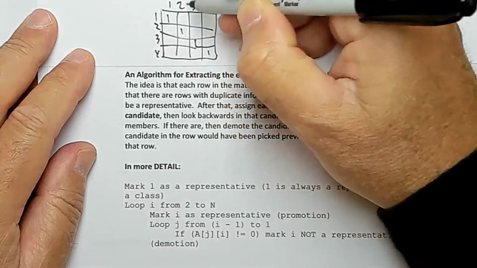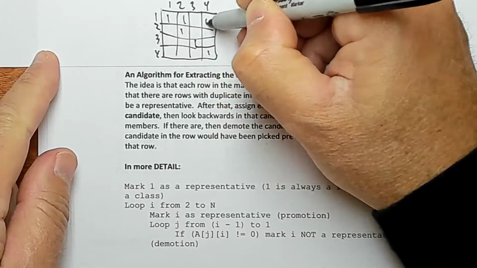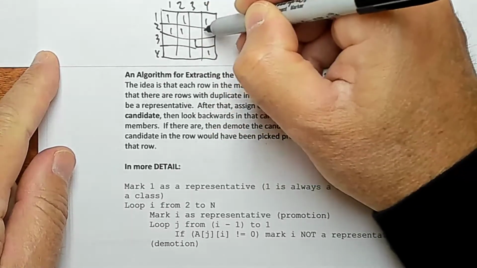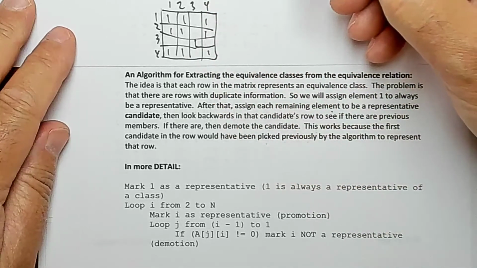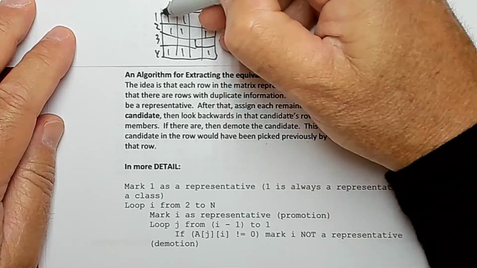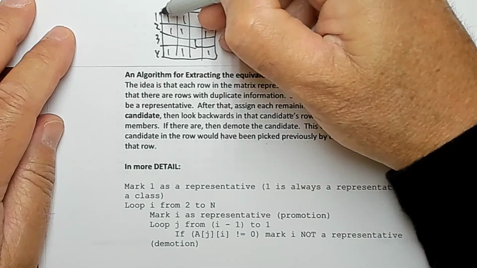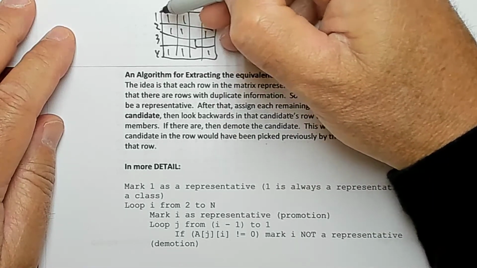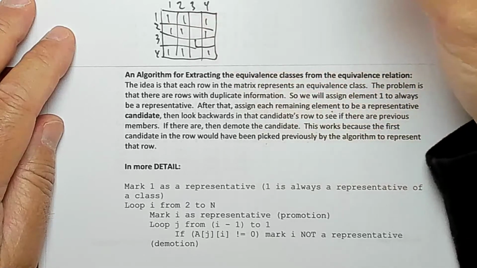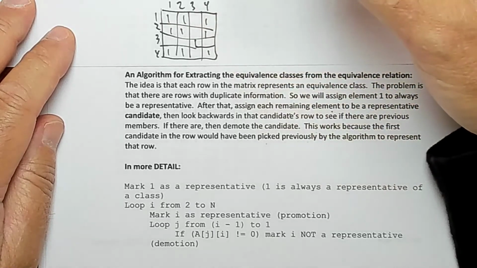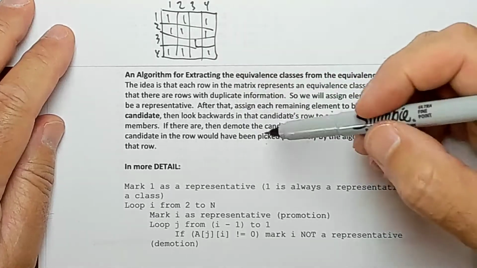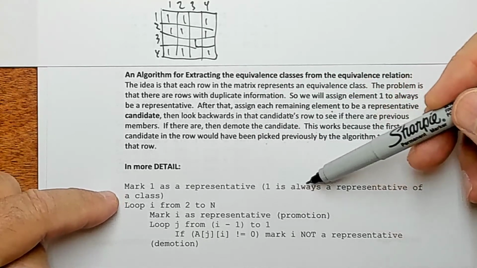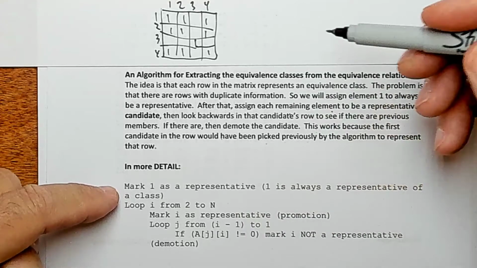Diagonals for reflexivity, and then I've got that. So 1 will always be a representative, because 1's going to be a member of some class. So just make him representative all the time. That's what I do. I mark 1 as a representative. 1 is always a representative of a class.